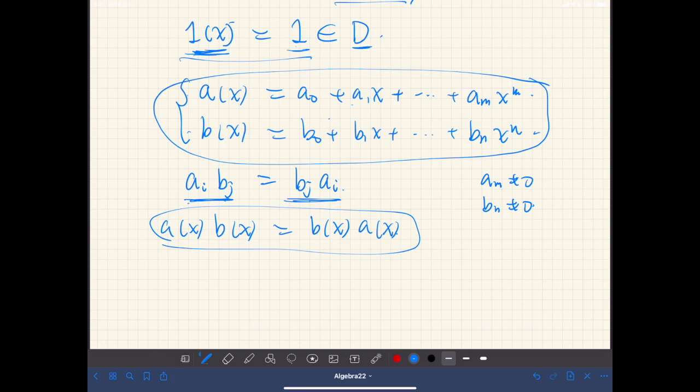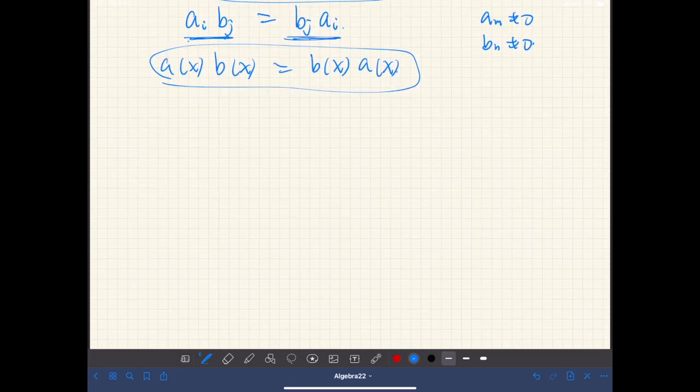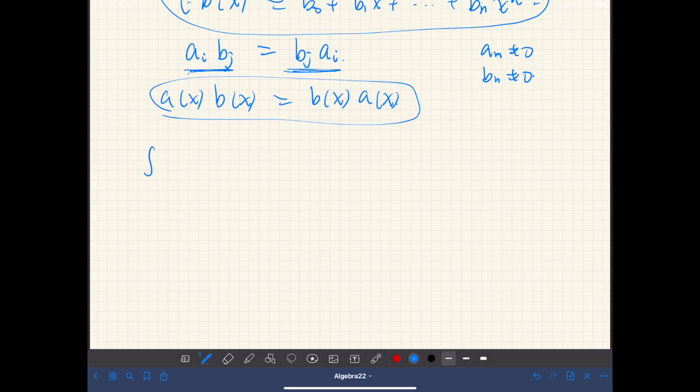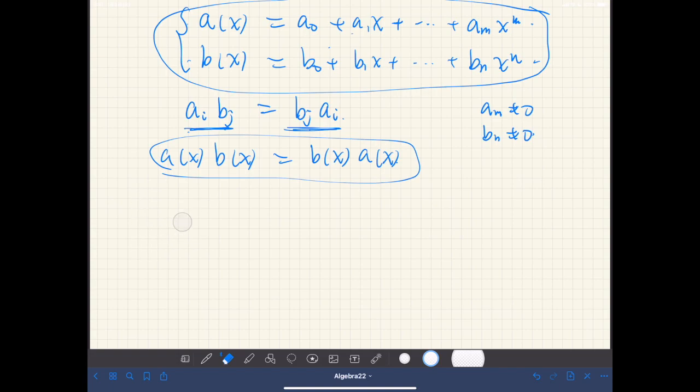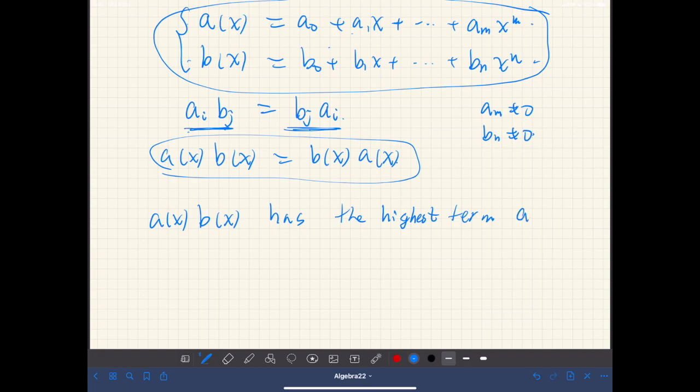Then a of x times b of x has the highest term, that is a_m times b_n times x to the power of m plus n.